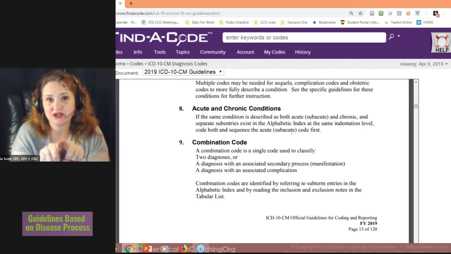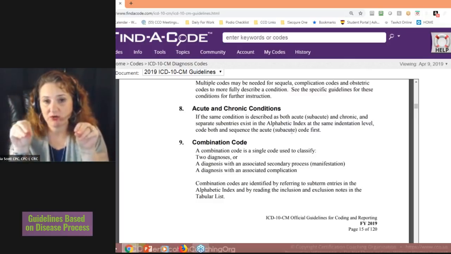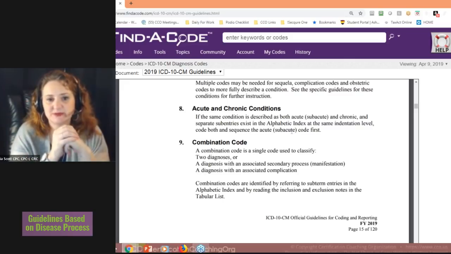And I think there is one for acute exacerbation of asthma and COPD. Okay, then that would be a code that you could code together, one code, and it doesn't matter because it's one code, a combo code that handles both. But if you have a code for an acute condition and a chronic condition, the acute always gets listed first. They'll test you on that, but it's based on the disease process.